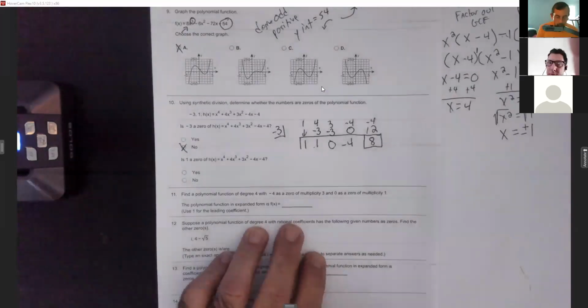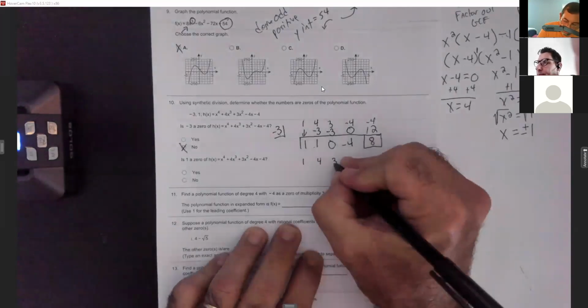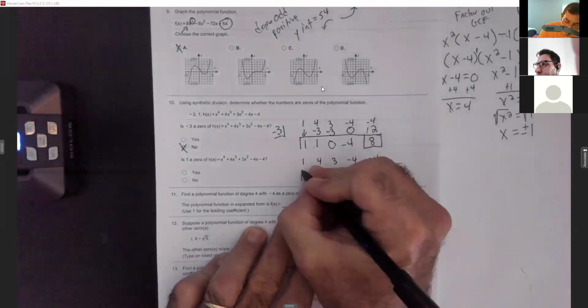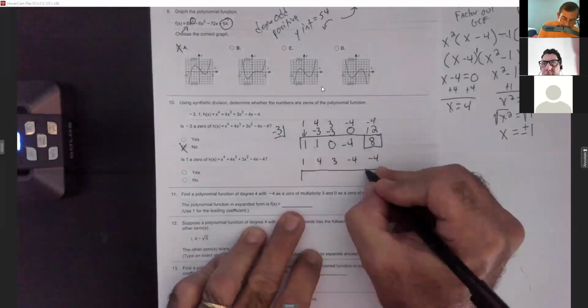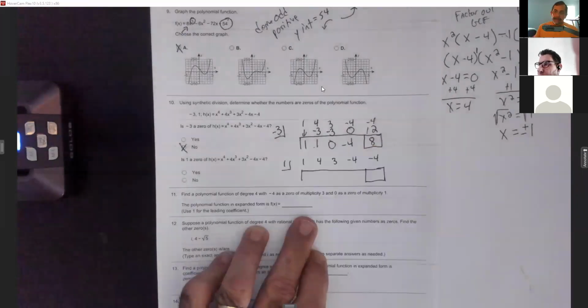Now we're going to check 1. So we bring down our numbers again. 1, 4, 3, -4, -4. And this time we're checking the 1. All right, so let's see what happens.